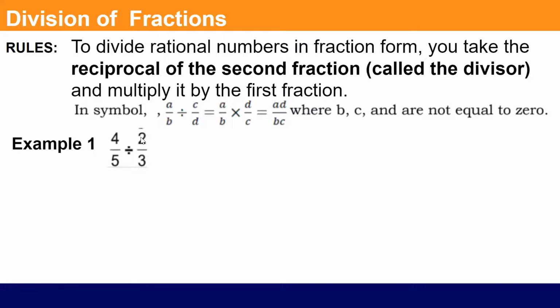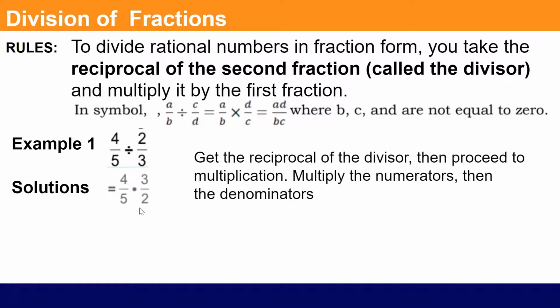Sample 1. 4/5 divided by 2/3. So, sabi po natin, get the reciprocal of the second fraction, which is the divisor. Okay. Get the reciprocal of the second fraction, which is 2/3. So, yung 2/3 po, anong mangyayari? 4/5 times 3 over 2. So, yung 2/3, get the reciprocal, we have 3 over 2.